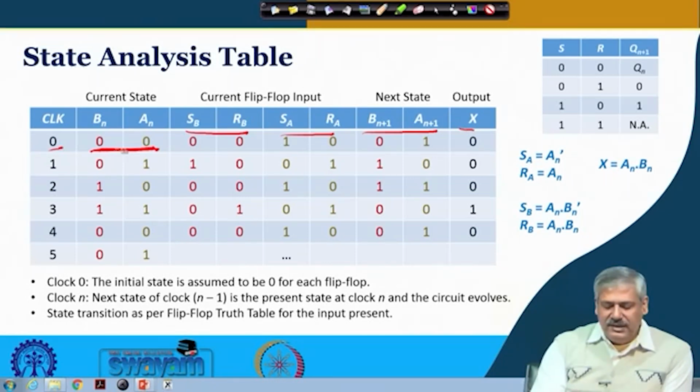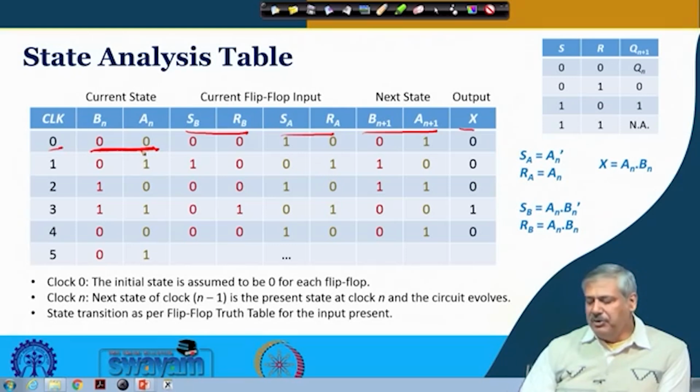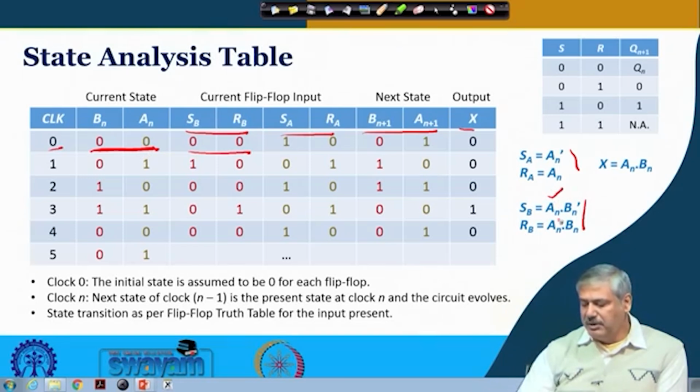So, if the current state is 0, 0 and we have already seen the equations for SB RB and SA RA, okay. So, what is the current input? If it is 0, 0, for SB you can see AN is 0, right.